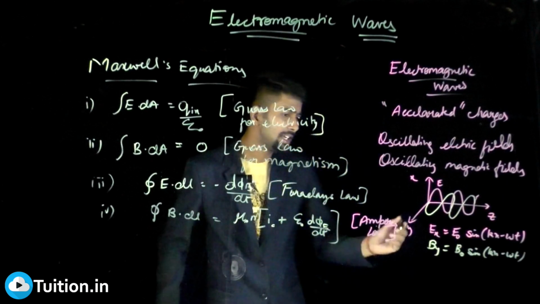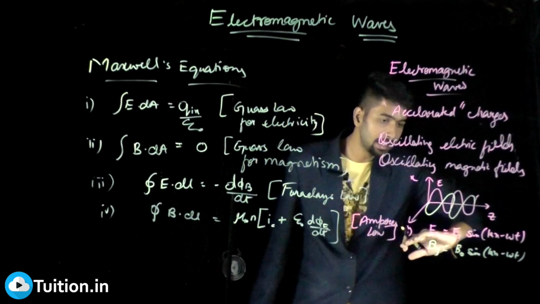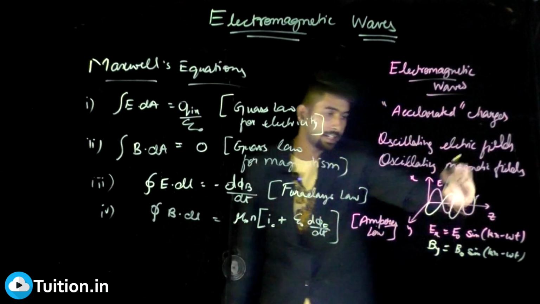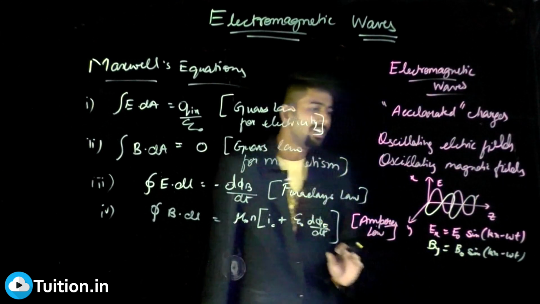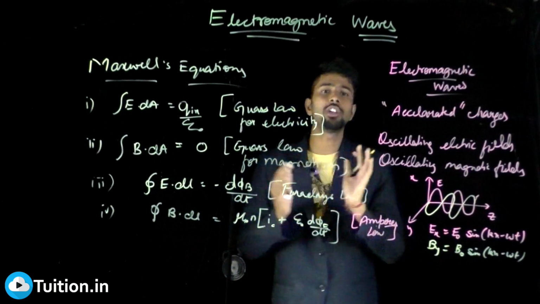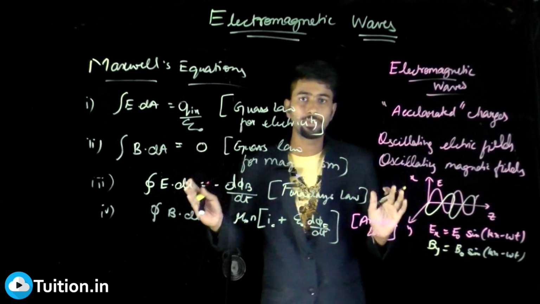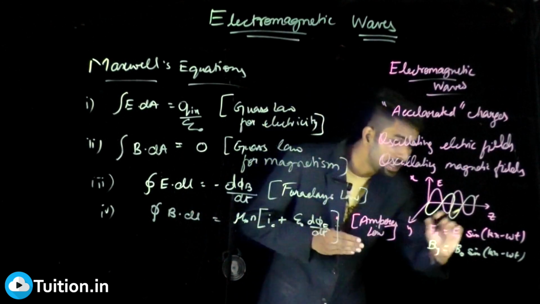So as you can see, E is oscillating in the x direction, B is oscillating in the y direction, and the motion of the wave is actually perpendicular to both of these.